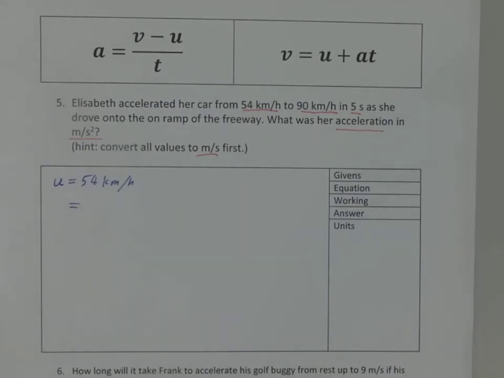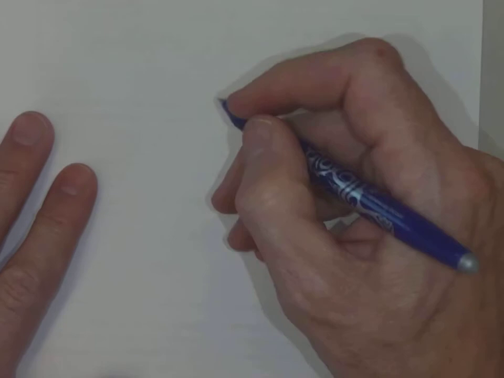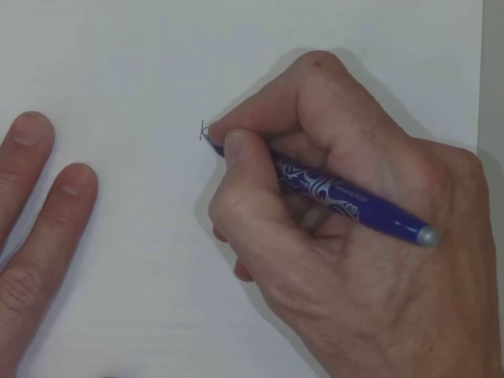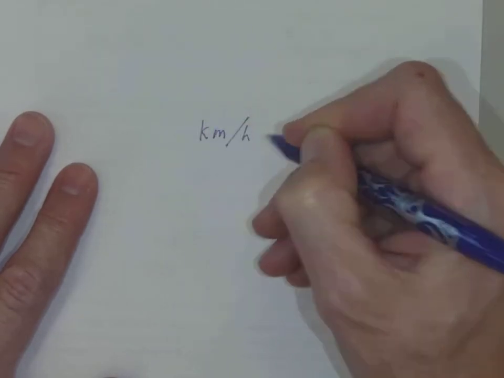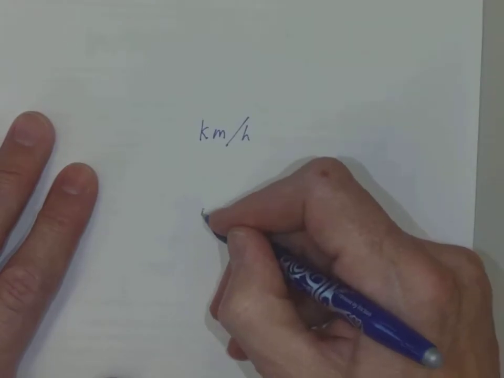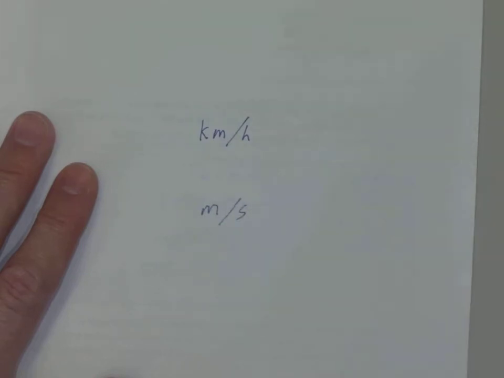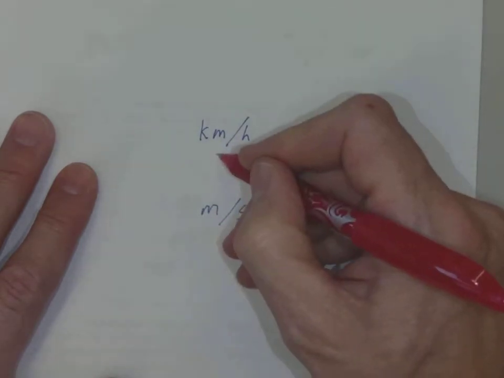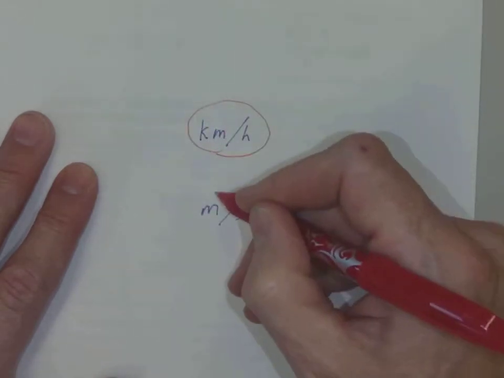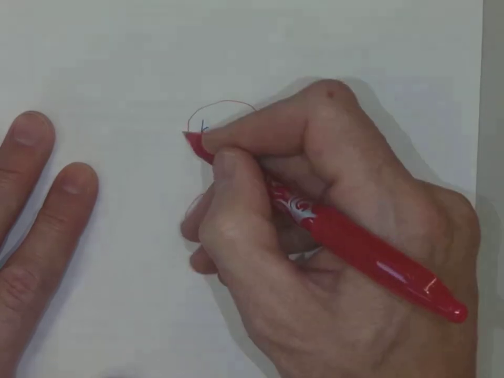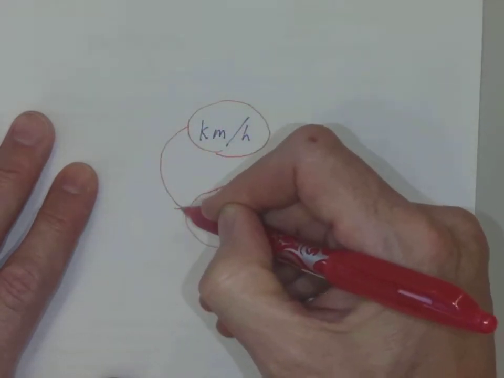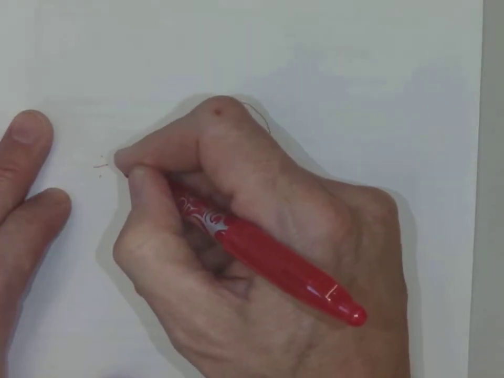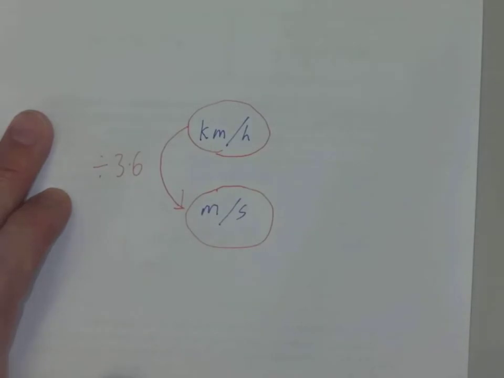into meters per second. So when I go to convert something into meters per second, if I've got kilometres per hour and I want to go to meters per second, then there's a very simple conversion. If I'm going from kilometres an hour to meters per second, I divide by 3.6.